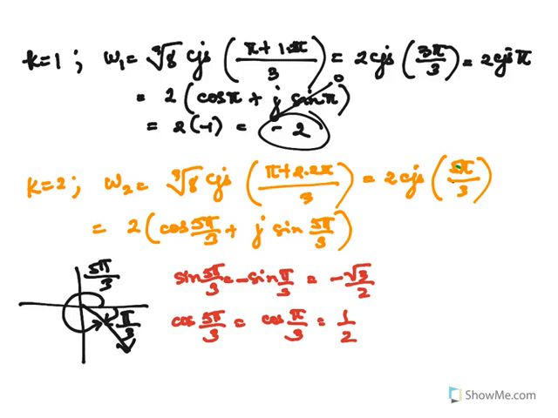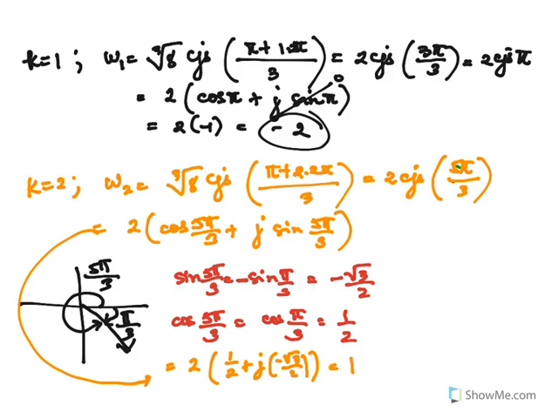Simplifying further, okay, our last root will just be 2 times 1/2 plus j negative square root of 3 over 2. Or you have 1 minus j square root of 3. And so say, let's draw the graph of this complex number.